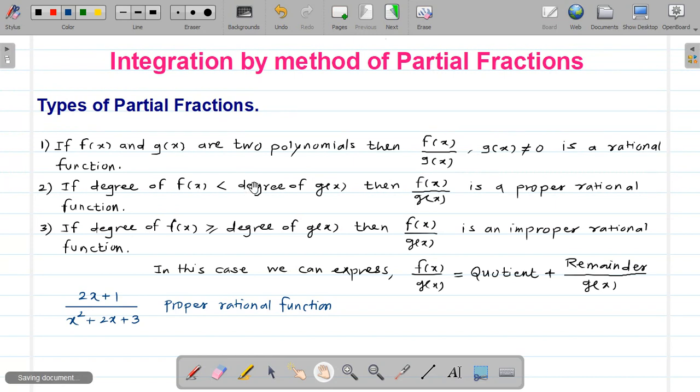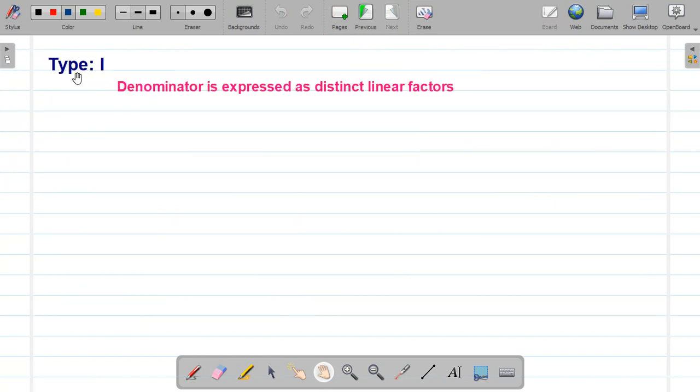Okay. Now we will study type number 1. Whenever we have a proper rational function, that is f of x upon g of x, where the degree of f of x is less than the degree of g of x, in that case we have to use the partial fraction method to integrate that function.